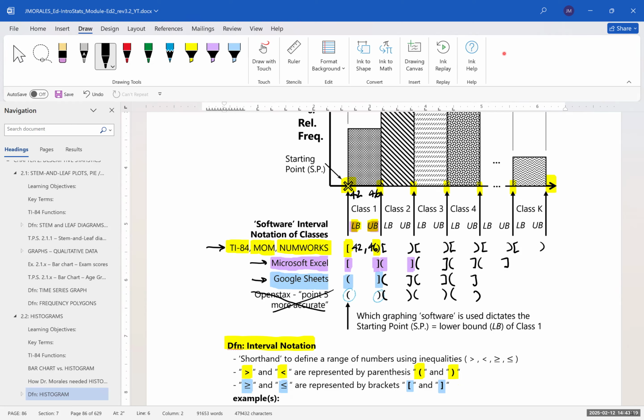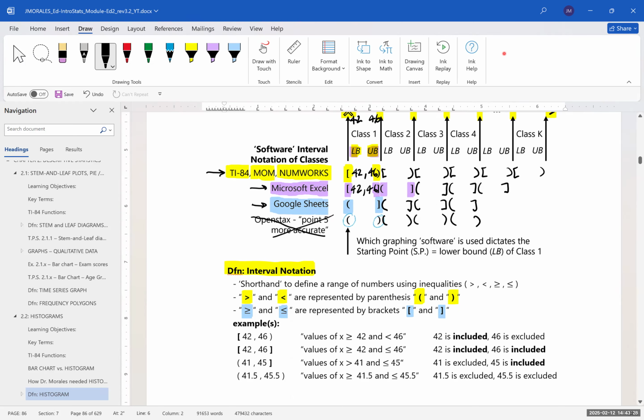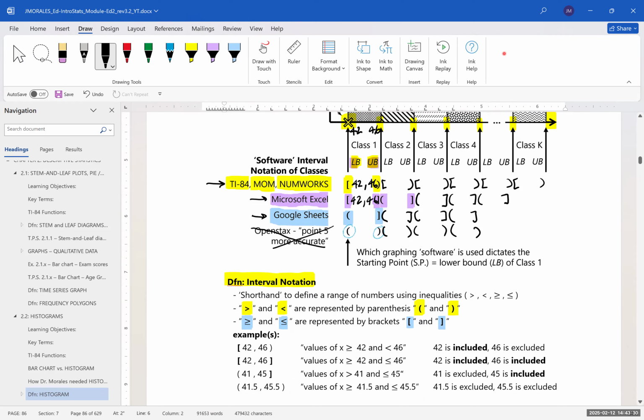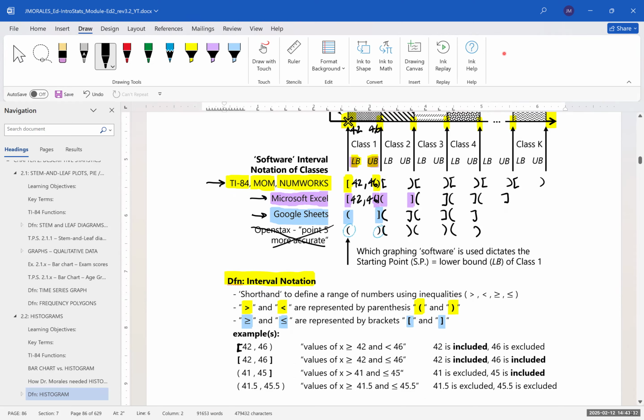In Microsoft Excel, you'd have left bracket 42, comma 46. Let me skip Google Sheets for now. When we come down here, we can see we've got left bracket 42, comma 46, right parenthesis.